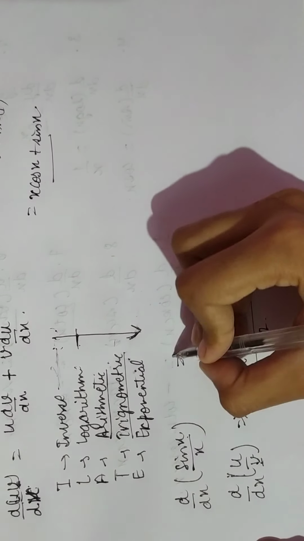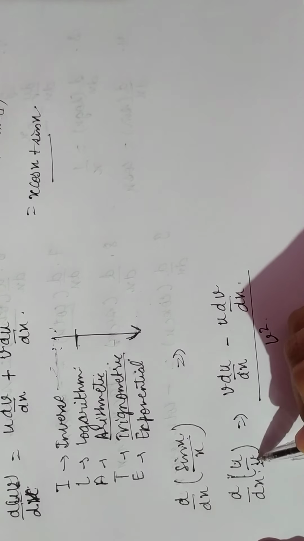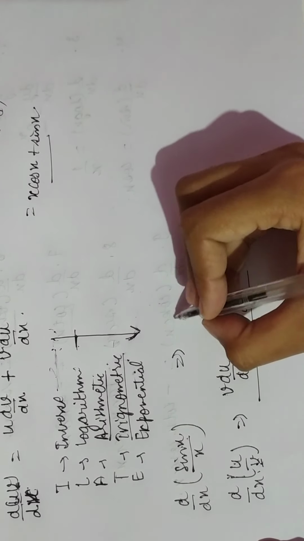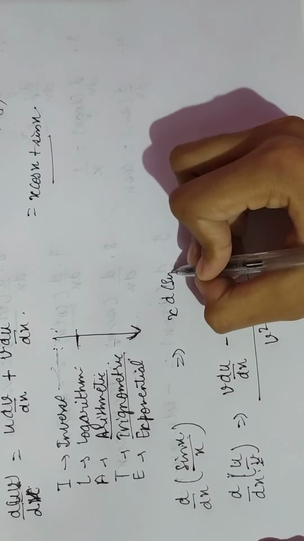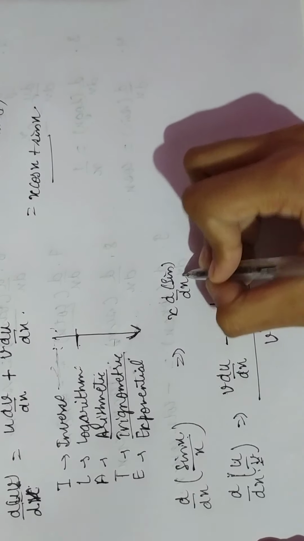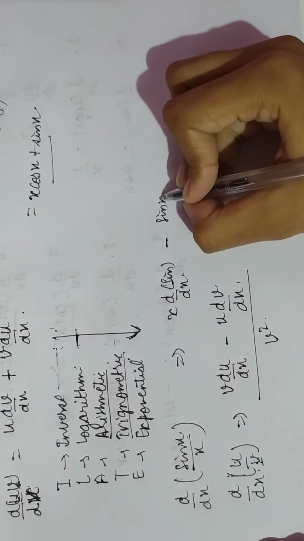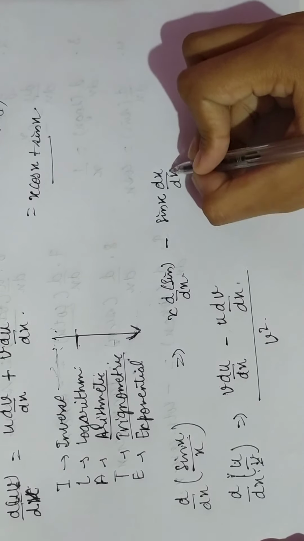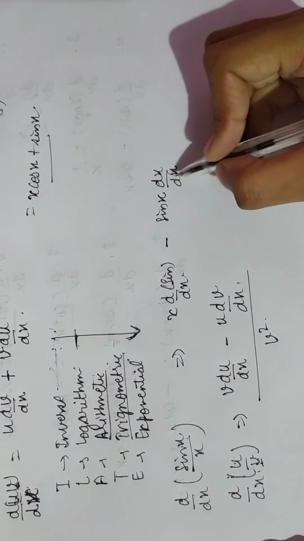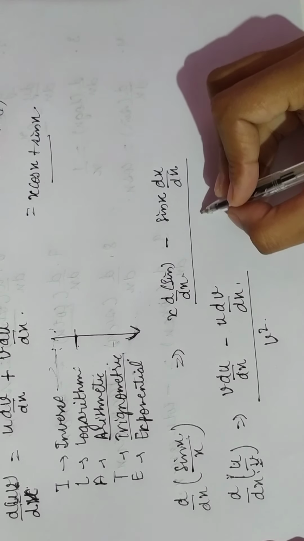Following this formula we can simply differentiate this function, where u is sin x and v is x. So first of all we put x outside and differentiate sin x with respect to x. Okay, now negative sign in between, sin x outside, and differentiating d by dx of the denominator function, which is x, and in the denominator of this we will have x square.